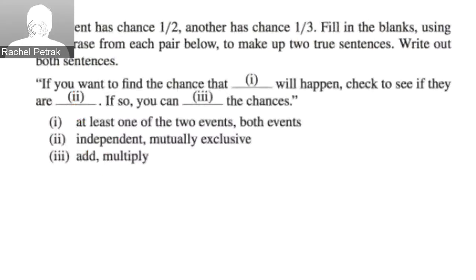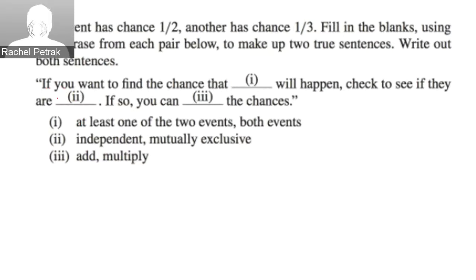And we're going to look at just one more problem. One event has a chance 1 out of 2, and another has a chance 1 out of 3. Let's fill in the blanks using one phrase from each pair below to make up 2 sentences that are true, and these are our options.